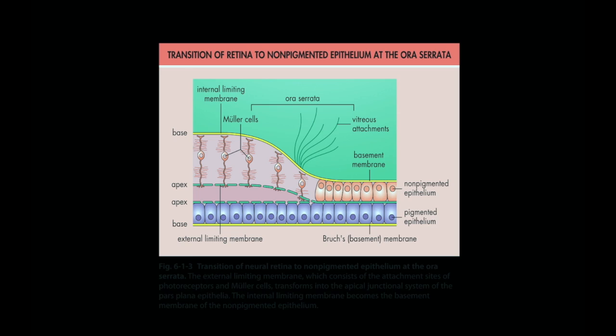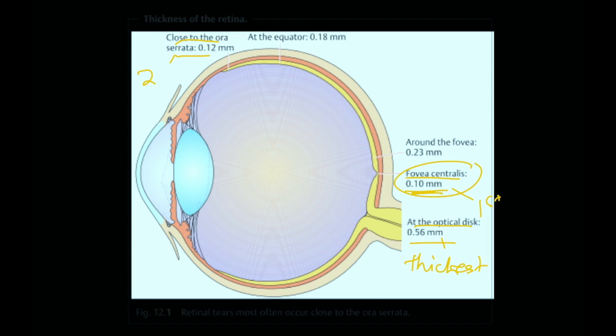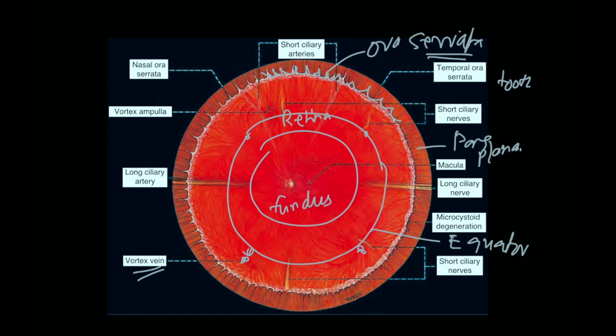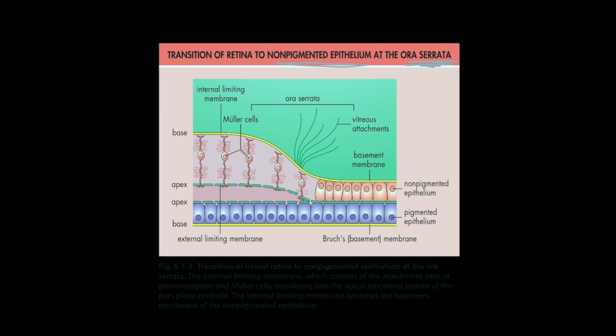Now before that, I'll just explain this important concept: how ora serrata gets transitioned to a non-pigmented epithelium. So iris and ciliary body have pigmented and non-pigmented epithelium. The ora serrata gets transitioned to a pars plana. This is ora serrata.